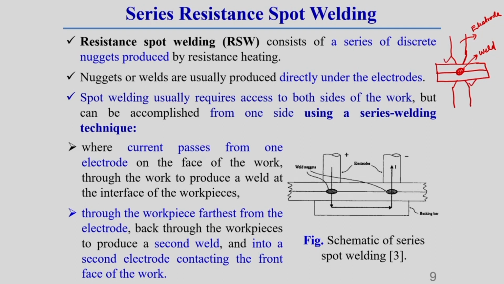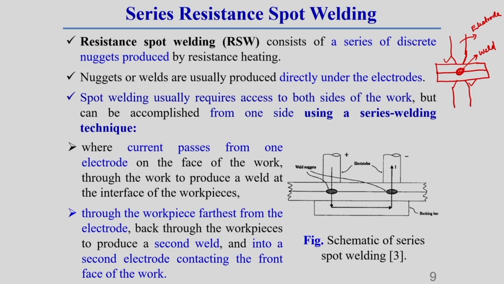But instead of both sides, we can also use a single-side type of welding process. If only a single side is accessible, in that case also we can use resistance spot welding, where one workpiece surface or one side is sufficient.